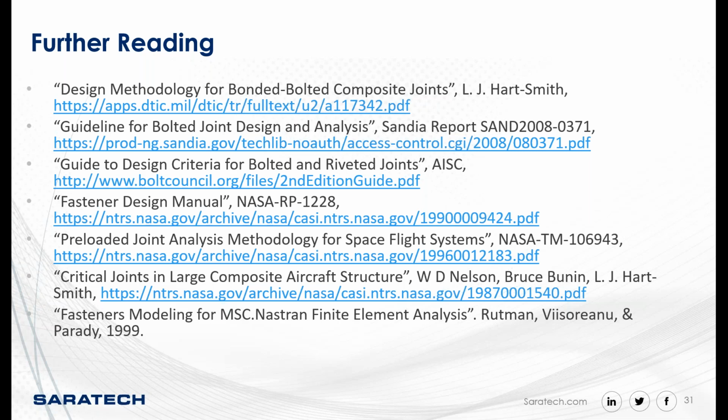But if there's no clamp up on one side, if it's just a pin through a hole, then I would probably leave the rotational degrees of freedom free to rotate. At least that's the best I can think of off the top of my head, unless someone else has another alternative, but that's what I would probably end up doing.